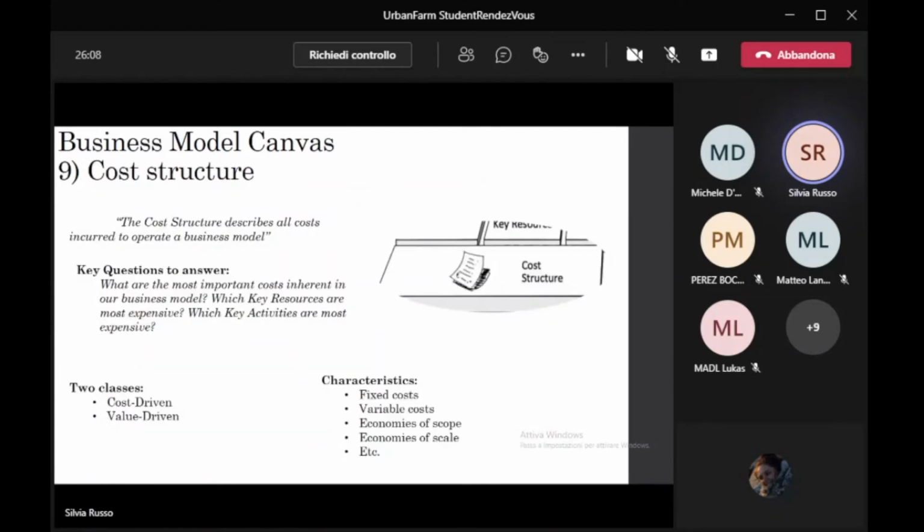Finally, we have the cost structure building block that describes all costs incurred to operate a business model. We can ask specific questions, for example: what are the most important costs inherent in our business model, which key resources are most expensive, or which key activities are most expensive?